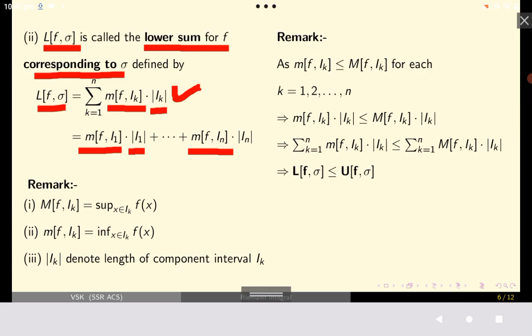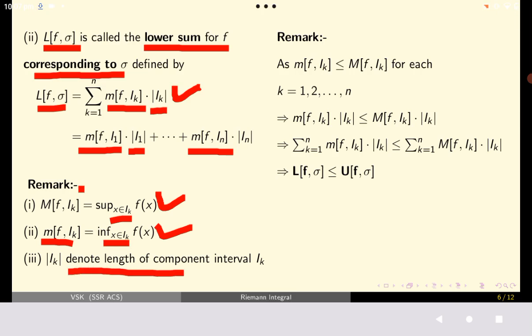Note this remark: MFIK denotes the supremum value of fx where x belongs to interval Ik. Similarly, small mfik is the infimum value of f on Ik where x belongs to Ik, and modulus Ik denotes the length of component interval Ik.